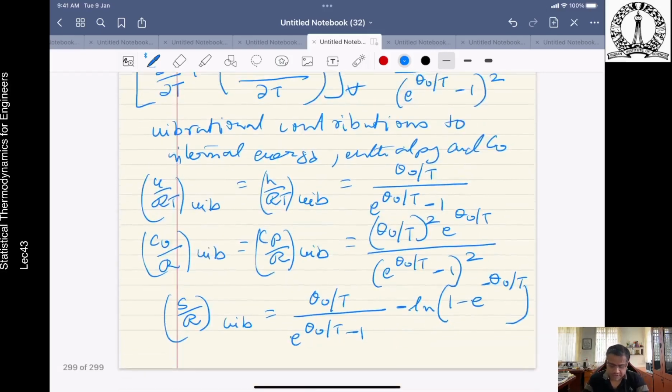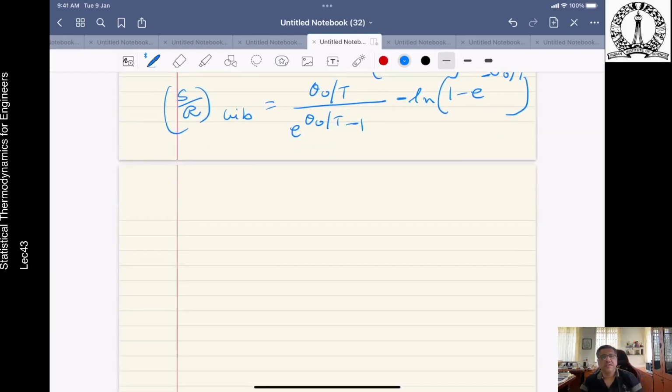The significance of these vibrational contributions to thermodynamic properties can be seen if I generate a plot, which will show this in a little more detail.